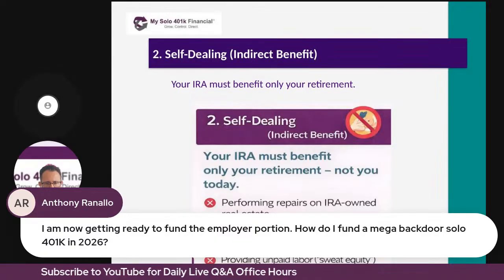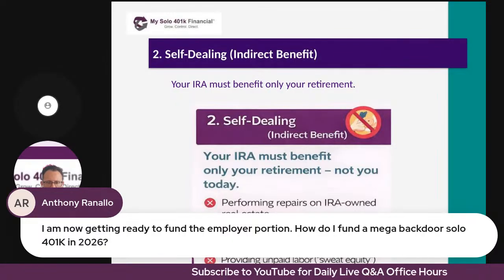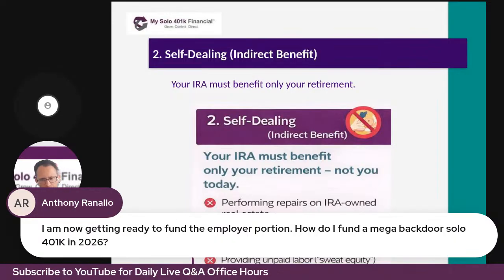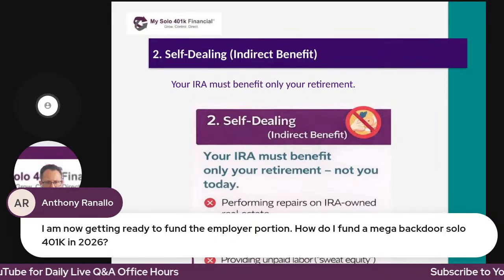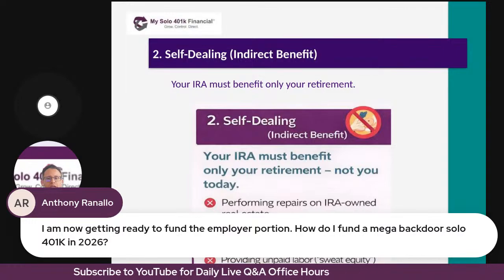I am now getting ready to fund the employer portion. How do I fund the Mega Backdoor Solo 401k in 2026? Well, looks like you have two questions going on here. You're looking to make both employer contributions and voluntary after-tax solo 401k contributions. Keep in mind that you cannot contribute more than the overall limit for the year.